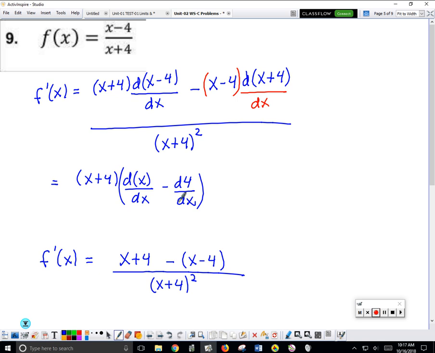Inside here, we did change due to the addition rule. This is 1, this is 0, but 1 subtract 0 is 1. So really 1 times this is just this. So if the x wasn't there, then that whole side would be 0. If this were just d of 4 over dx, this would be 0, because it would times. Correct. 2 points. Questions? Folks, we'll get rid of this.